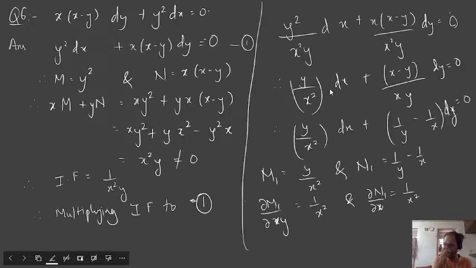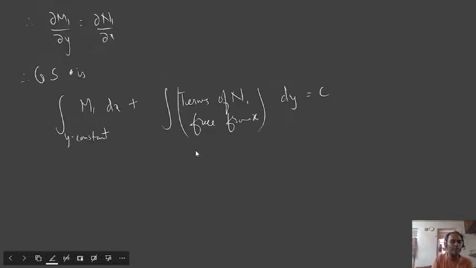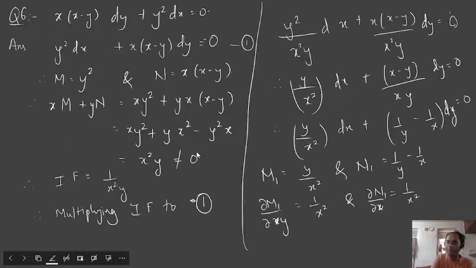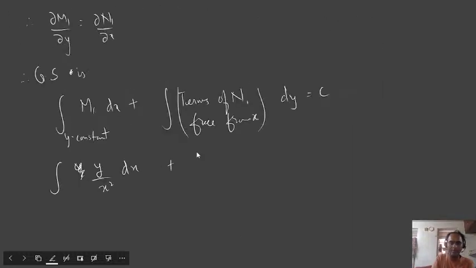So the moment you do that, you will get the integral of y over x square dx, and in terms of N1 free from x, that is 1 over y, dy equals c.